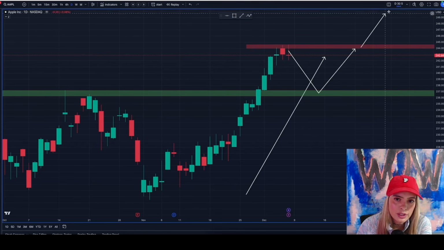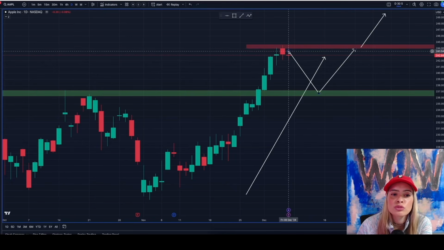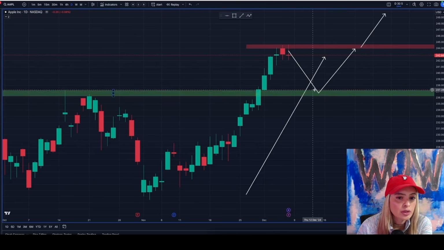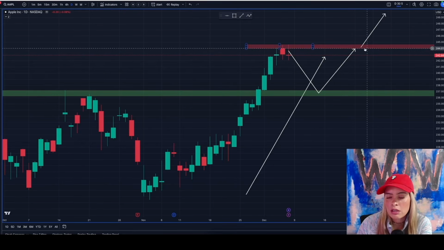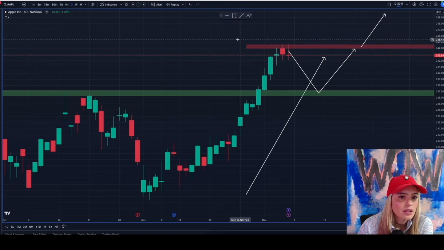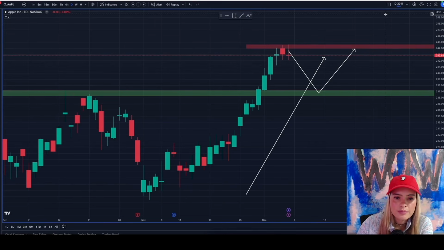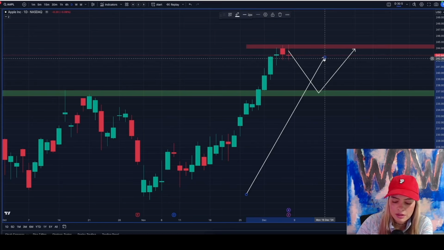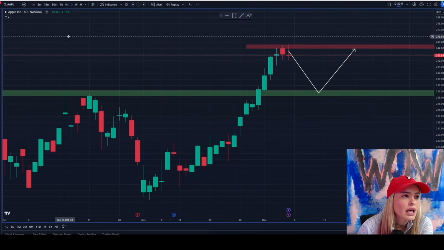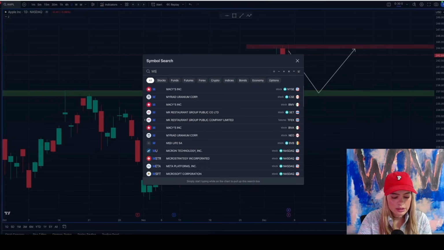But I don't know if this is gonna go all the way here or if it's gonna stop here, but my trading plan will be to just wait here for a good pullback and then play the move to this high, and then we'll see how it reacts here. Okay, so that will be Apple. Let's see Microsoft.